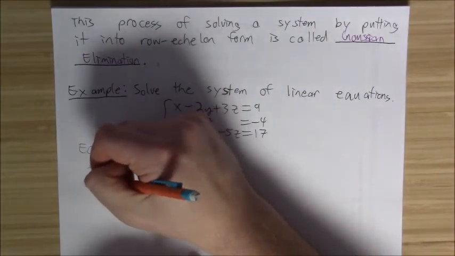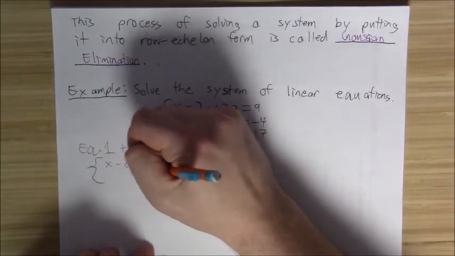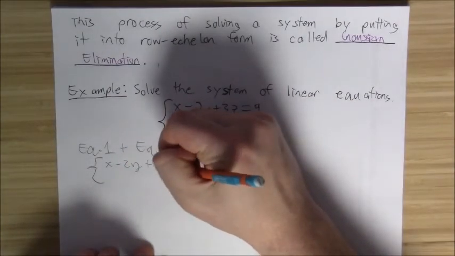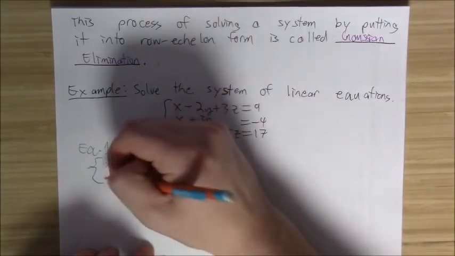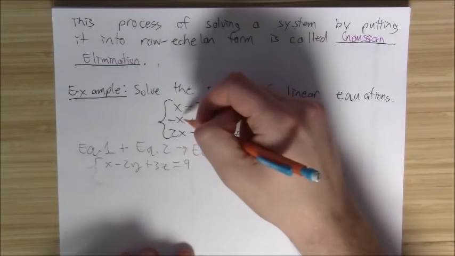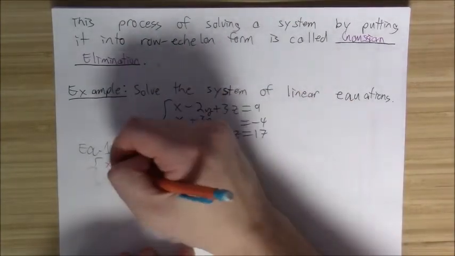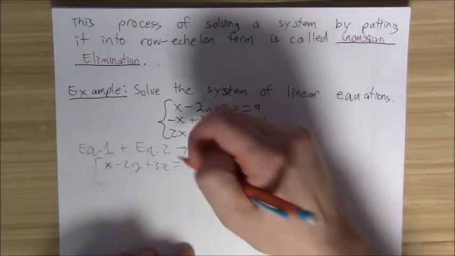When I do so, the top stays the same, x minus 2y plus 3z equals 9. For the next equation, I added the top equation to the bottom equation, so that becomes a 0x, so I won't write it.